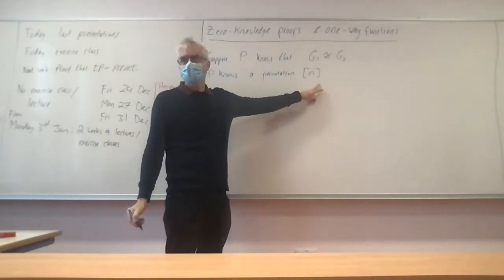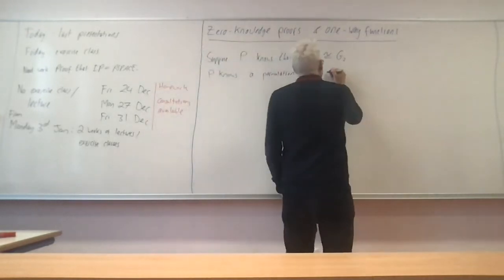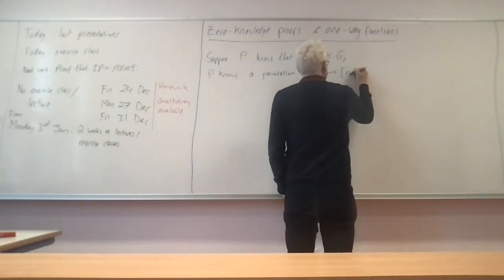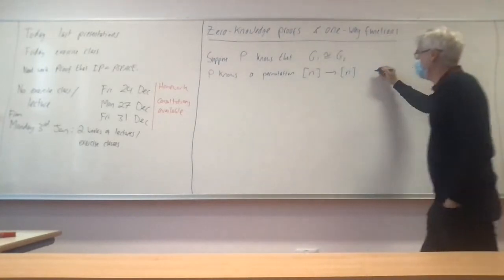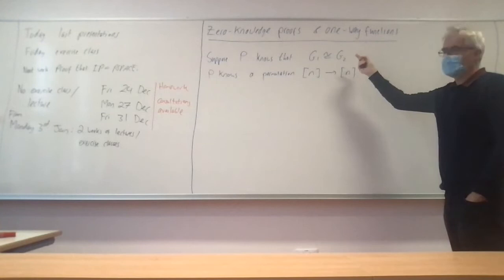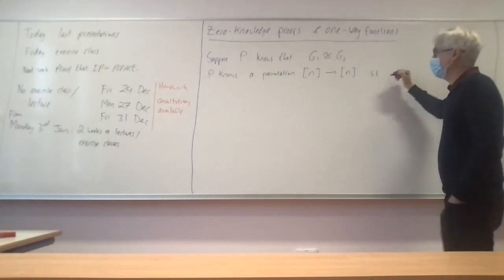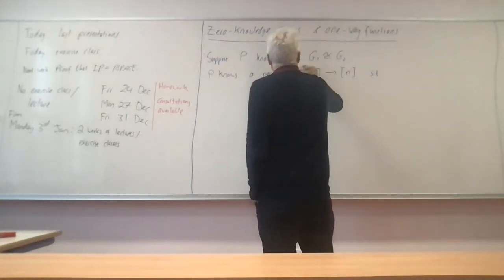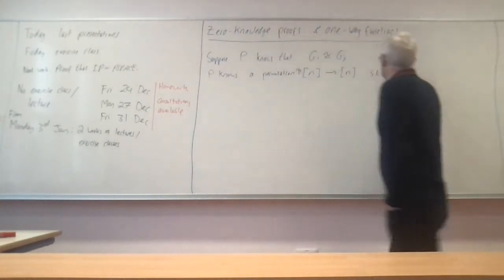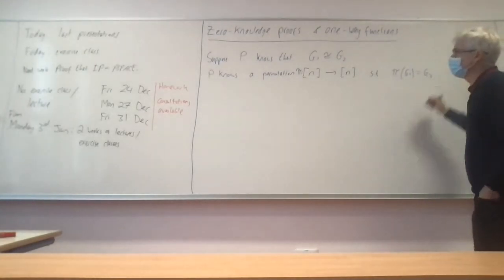Remember, square brackets n was the set of numbers 1 up to n. So it's a permutation on 1 to n that maps one graph to the other, such that if we apply pi to G1, we get G2.